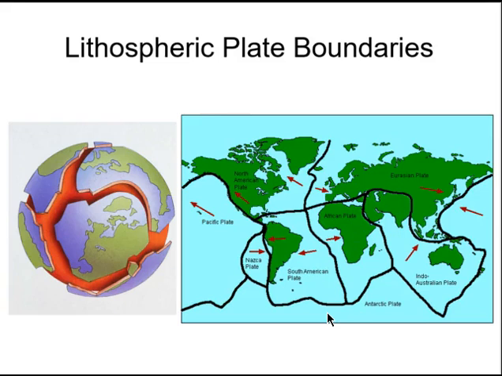A plate is made up of crust that all moves in the same direction. So we basically define the plate boundary according to the ways that the two plates on either side of it are moving. And in this image here, the arrows indicate which way the plate is moving. So you can look at the arrows on either side of a plate boundary to define what type of plate boundary it is. Now we're going to talk about what the three general types of plate boundaries are.